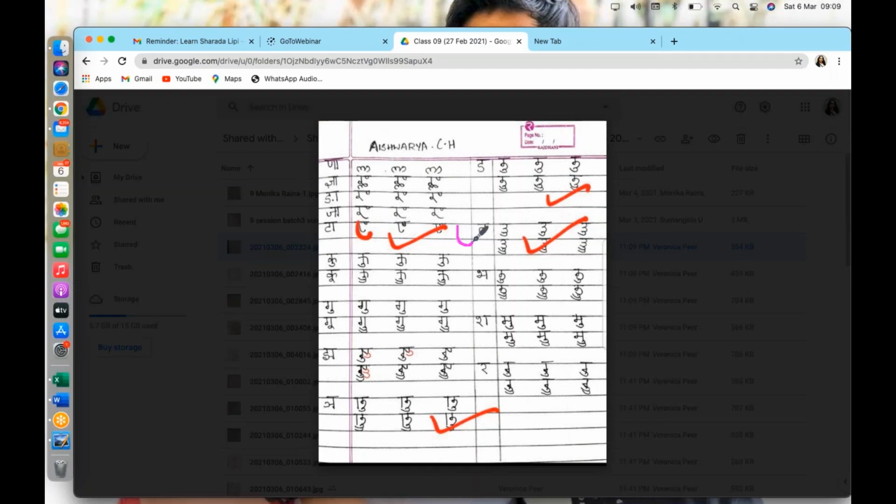It's not a very closed loop like this. It has to be made a little broader so that the above part of the letter also comes in the same distance, or the same framework. Just make sure that you make the curve a little wider. So that's what is shown here. The curve isn't correct. Otherwise, the matra is correct.